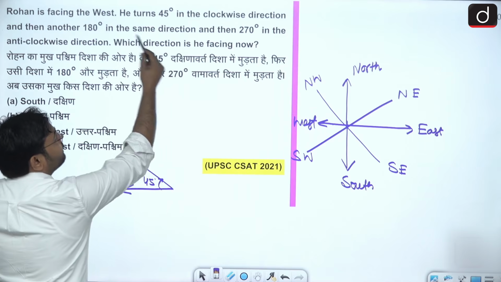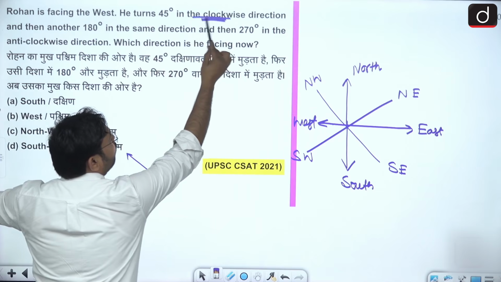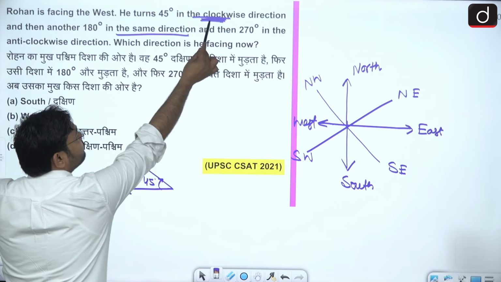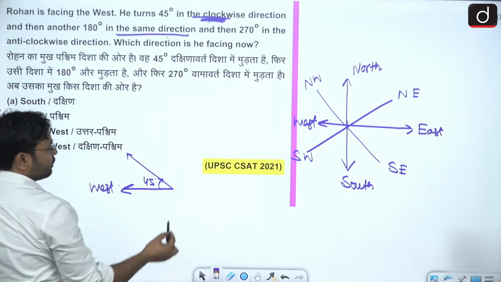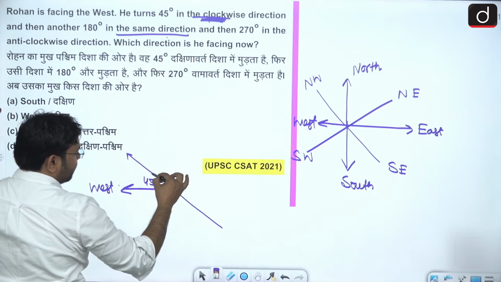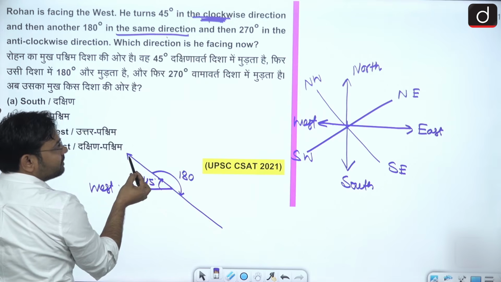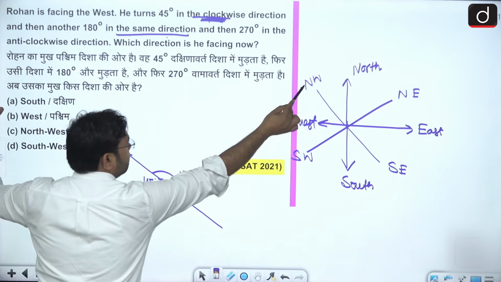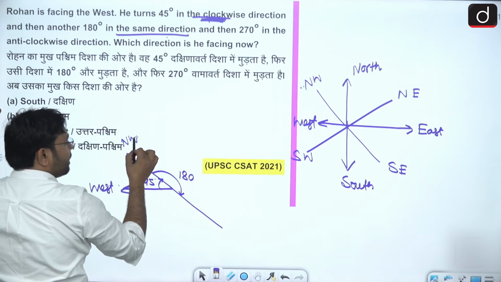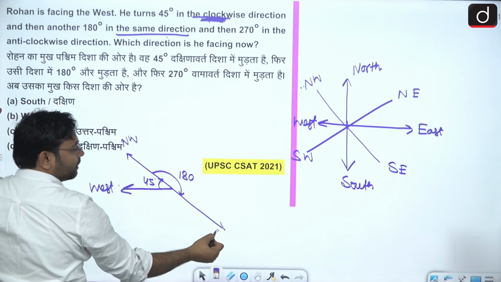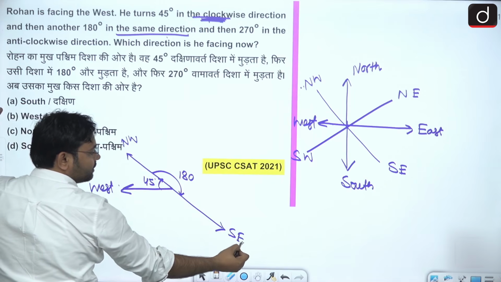Same direction means clockwise. So clockwise 180 degree, it means like this. This is northwest, and if he turns 180 degree, it becomes southeast.